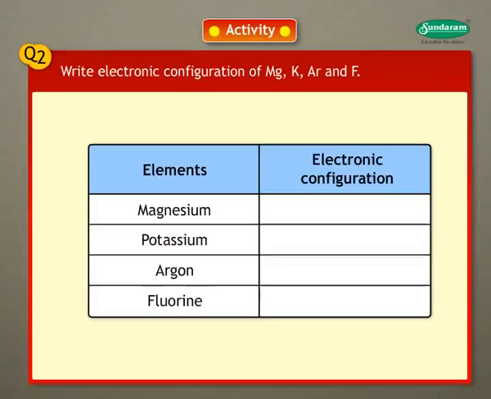Write electronic configuration of magnesium, potassium, argon and fluorine. Answer. The electronic configuration of magnesium is 2,8,2. Potassium is 2,8,8,1. Argon is 2,8,8. Fluorine is 2,7.